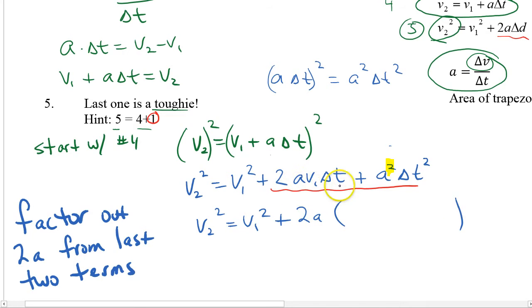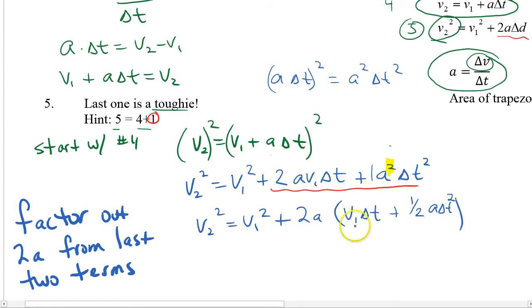From this term, when I factor out the 2a, it's really dividing by 2a, so I end up with v1 delta t. Some of you might say, Mr. Spadley, there's no 2. How can I do that? Well, there's a 1 there now. If I factor out the 2, it's like dividing out a 2, so I'm going to get a 1/2. And when I factor out the a part, instead of a squared, I'll just have a.